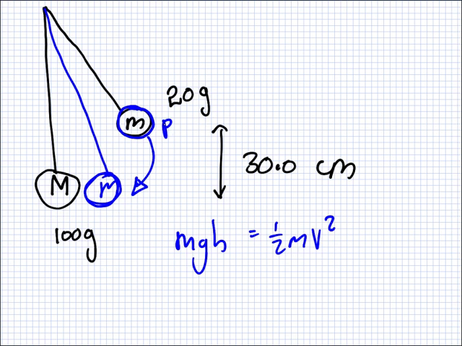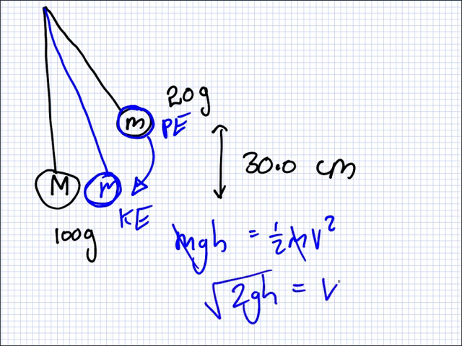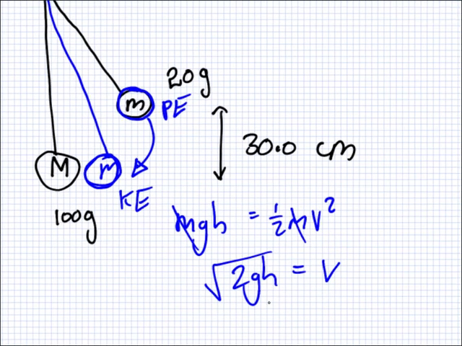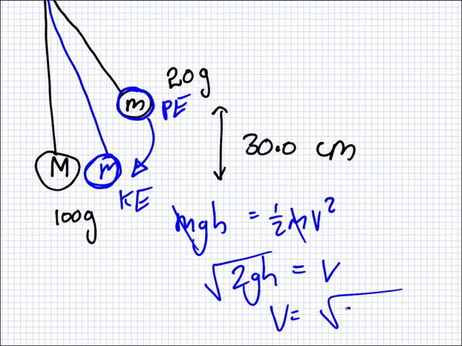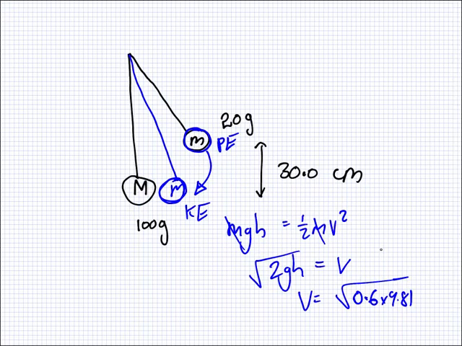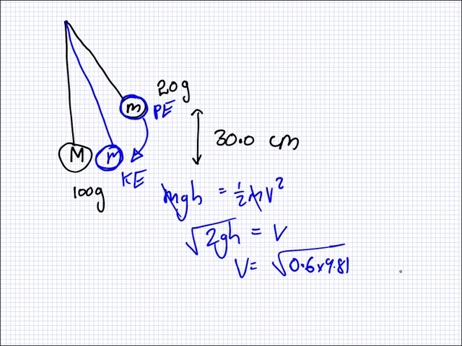Because when it's here, it has potential only, and when it's here, it has kinetic only. So that would be the square root of 0.6 times 9.81. You have that calculated? What's that? 2.426 meters per second.